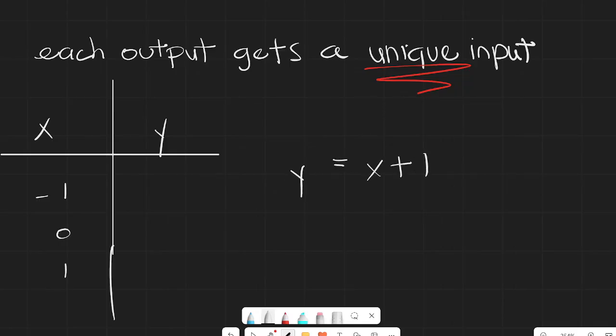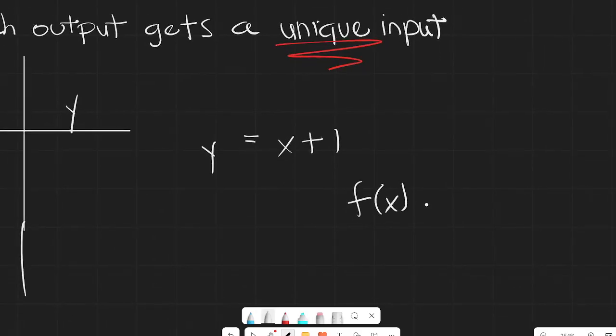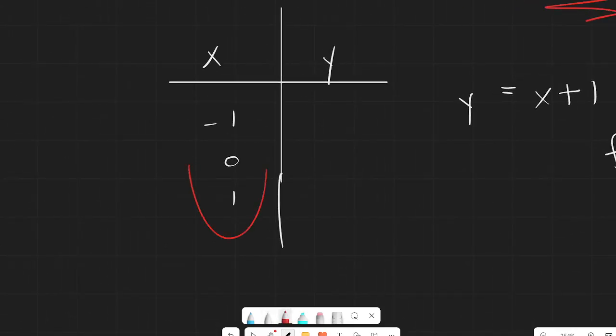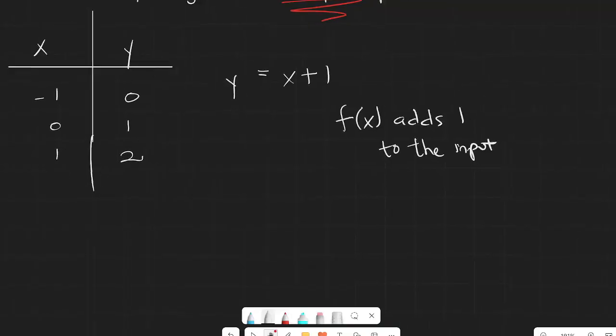We'll say y equals x plus 1. That just means that f of x is a machine that adds 1 to the input. So we just go over here and add 1 to each of those and write the result in the associated row. Right, so this is no big deal.